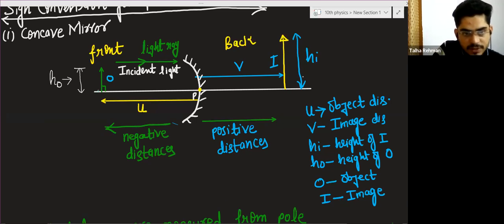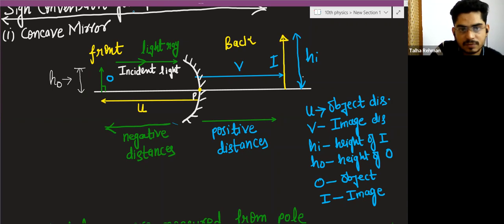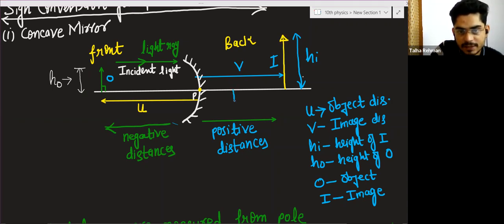And you are measuring the distance in this direction, means this height will be positive. This height will again be positive. If the height is like this, means the image is like this, so this height will be negative. This height is positive. This height is again positive. This distance is negative. This distance is the distance v. This is positive.